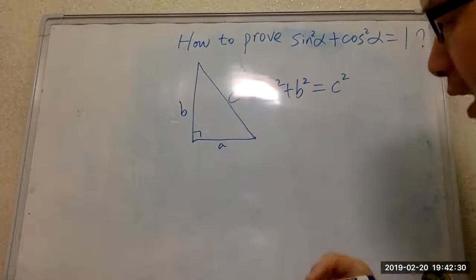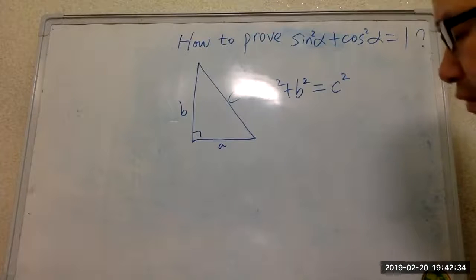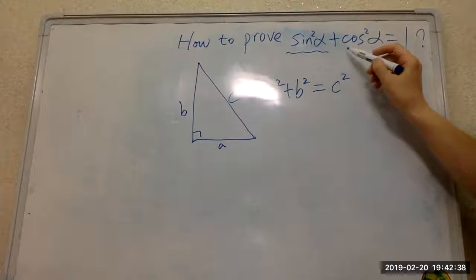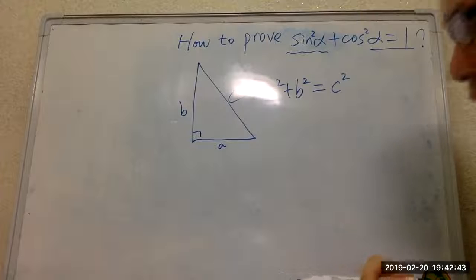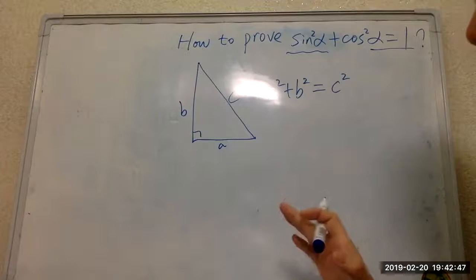And then we are going to talk about how to make use of the Pythagoras theorem to prove sine alpha squared plus cosine alpha squared equals 1. We're going to make use of any triangle.